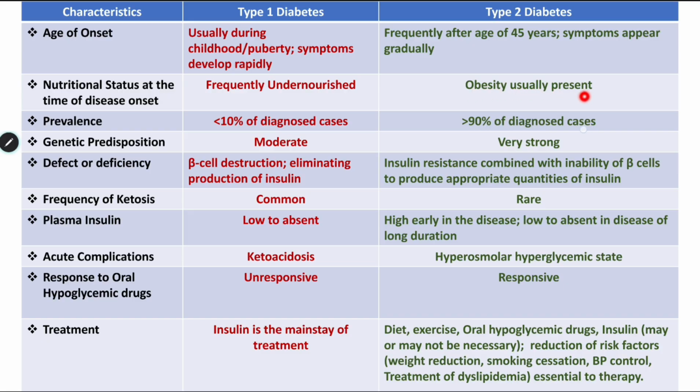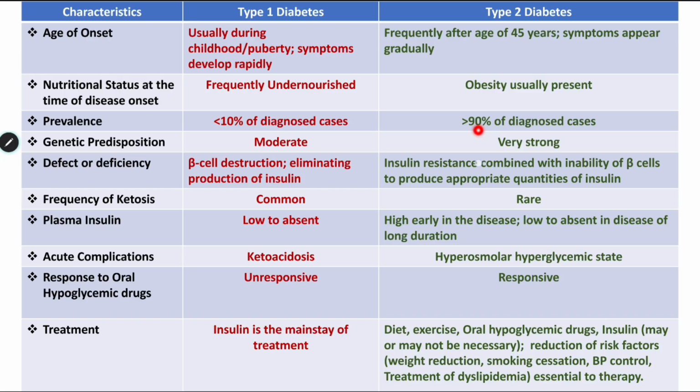Obesity is usually present in type 2 diabetes. Even a slim person may have increased visceral fat percentage, which is called central obesity. He may be slim but have a slight tummy because the visceral fat is more.